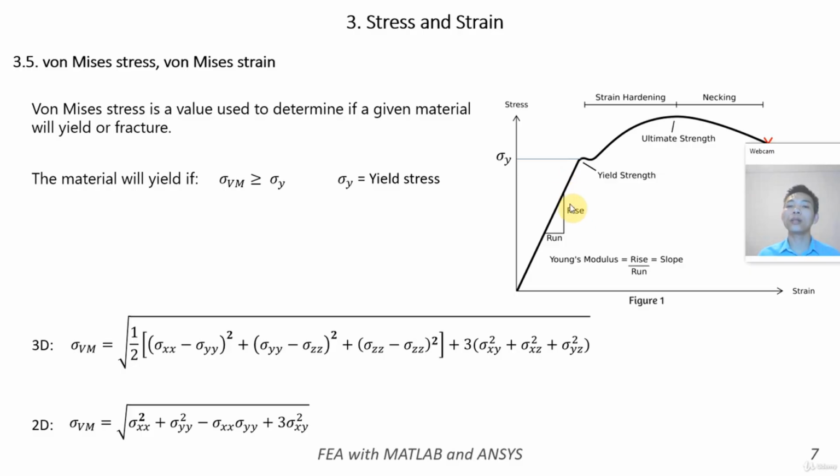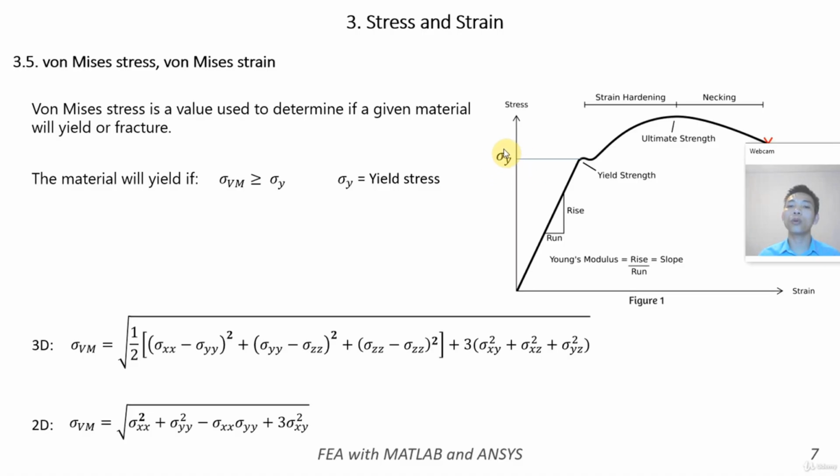However, when the stress on the structure reaches some critical value, the structure starts yielding, or it starts to have some plastic deformation, and then the stress generation is not linear anymore, right? So this point we call yield strength, or if we take that one here, we call yield stress.